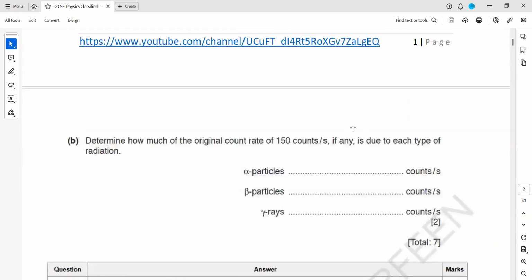Determine the count rates. Use a screen annotation. This was the first, the paper reduced it to 60 and then that was 20. How many radiations are due to alpha?